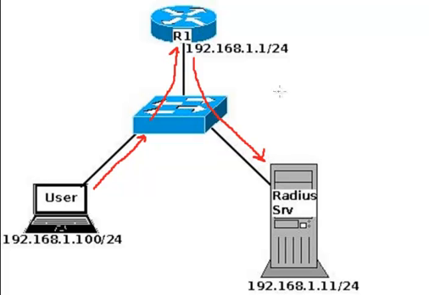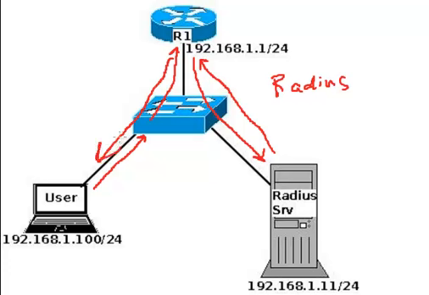Between R1 and the Radius server, we're going to use Radius as the protocol. That's why we refer to it as a Radius server. So I send the username to the Radius server, it says, yep, I have that user, and responds. Then I can prompt that user for a password, and the user sends back the password.